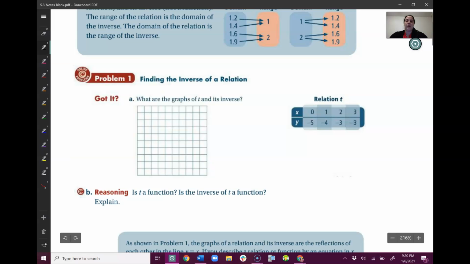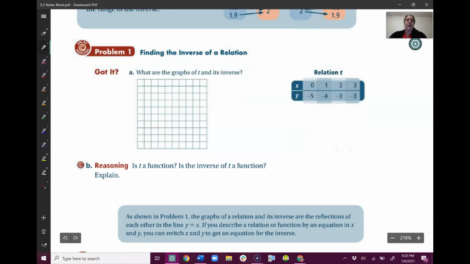So if we look right down here at problem 1, there's this table right here. Now, I'm going to start by just graphing what this table has. So let's draw some graph paper right here. We're going to start with 0, -5.